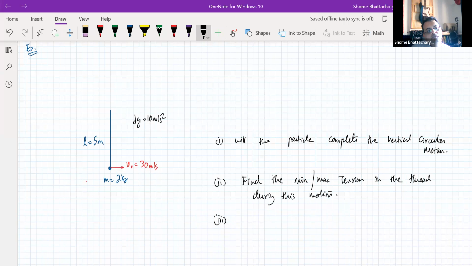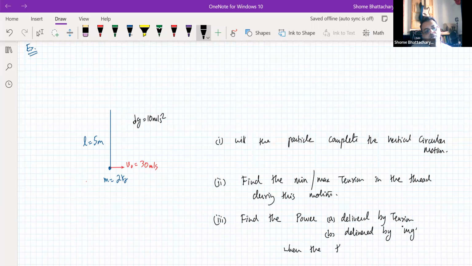Third, find the power delivered by tension and delivered by mg when the thread is at 37 degrees with respect to the vertical.